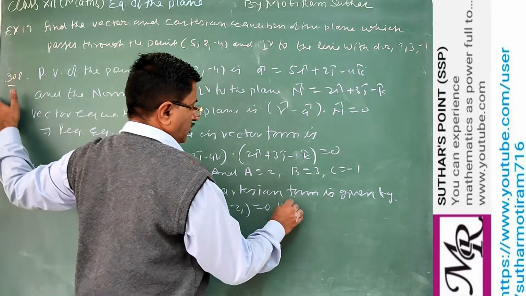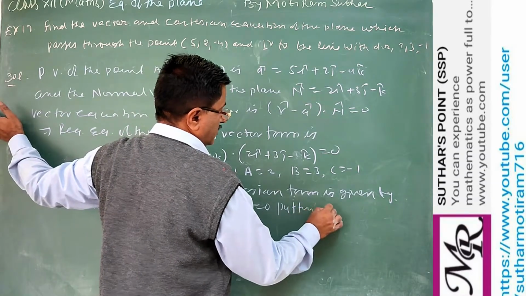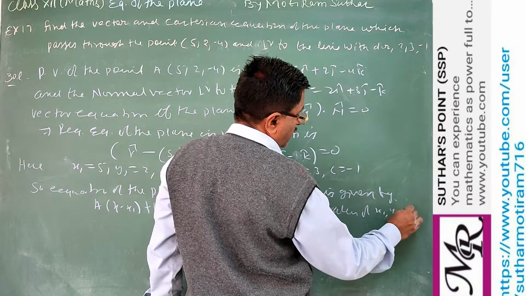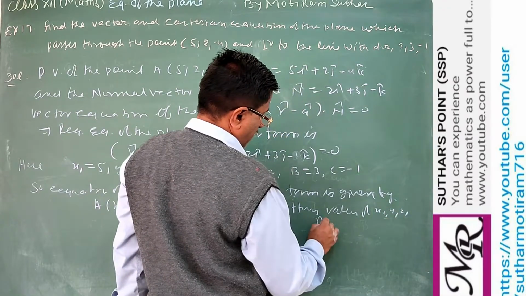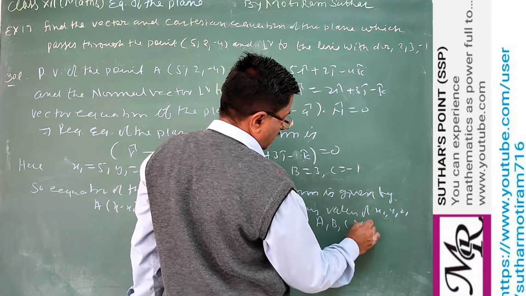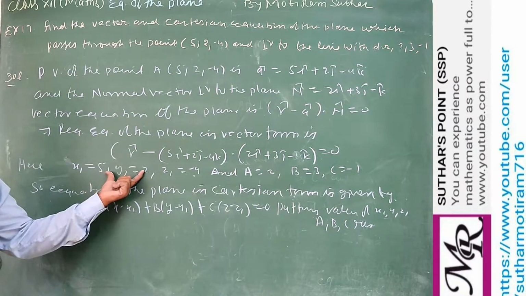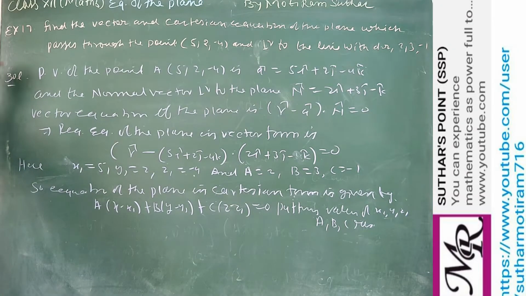Now putting all the values of x1, y1, z1, a, b, c respectively in this formula, we have to substitute all these values and simplify.